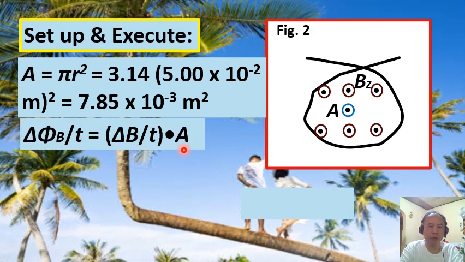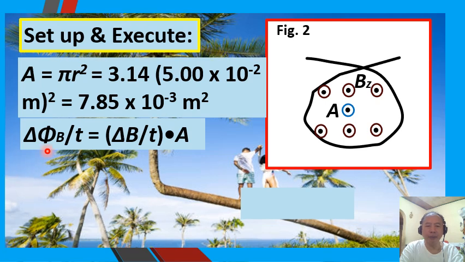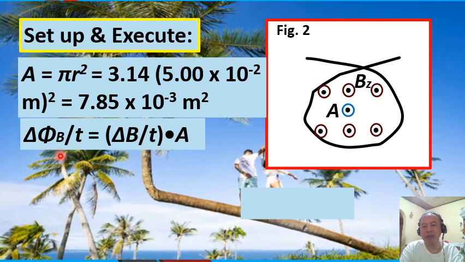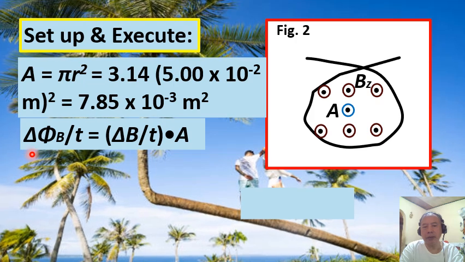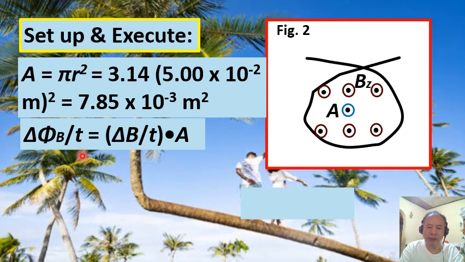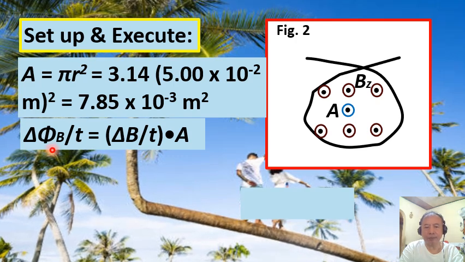Likewise, we also determine the rate of change of the magnetic flux, denoted here by delta phi sub B over delta t.